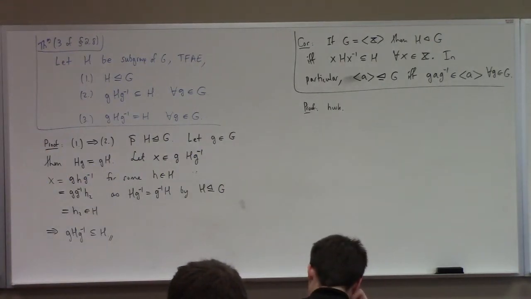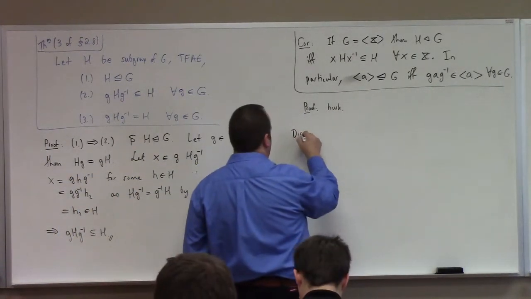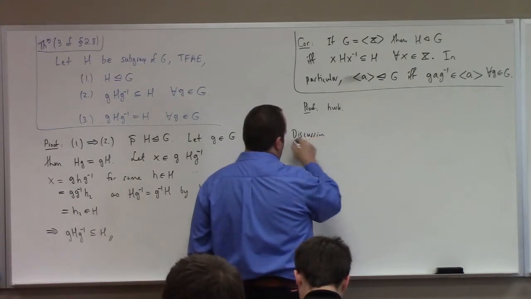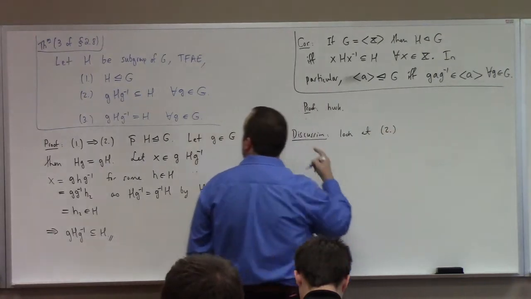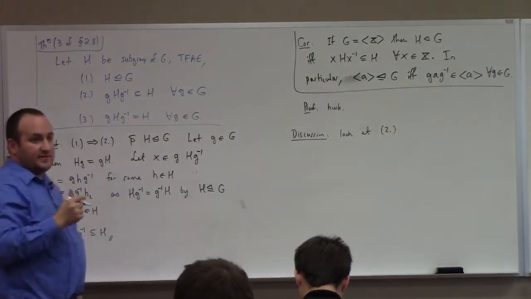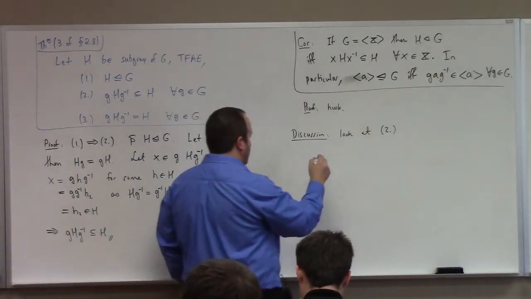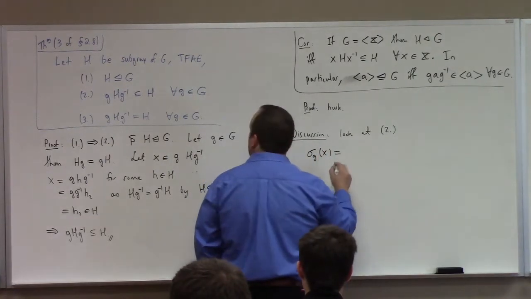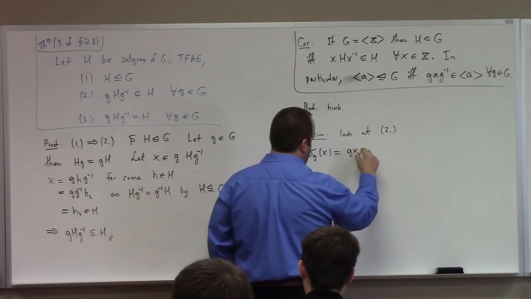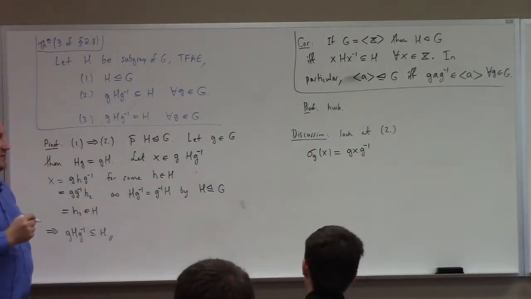Now, let's see here. We should talk about this. Look at number 2 of this theorem 3. What does that say in terms of inner automorphisms? Remember what sigma g of x is? It was g x g inverse. So how could we restate 2?